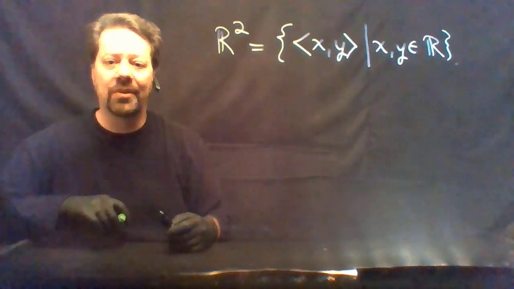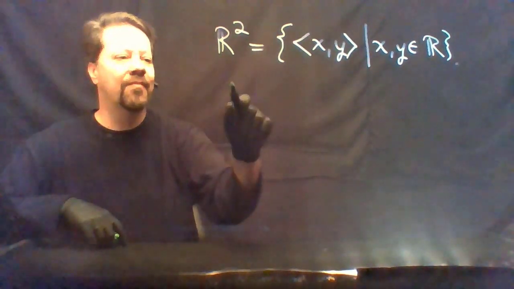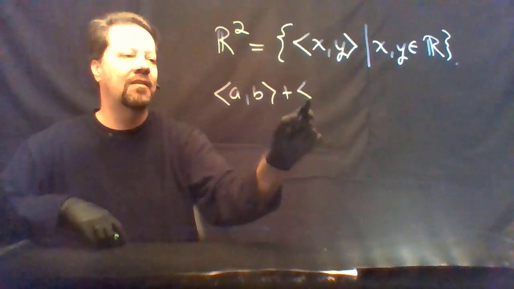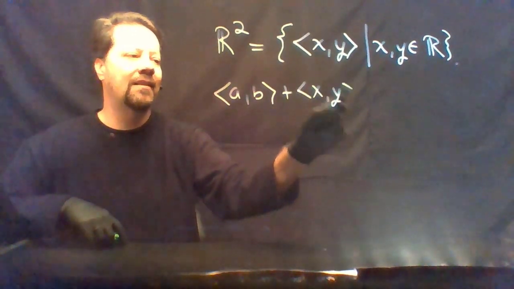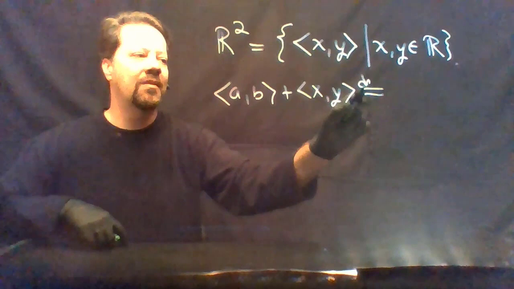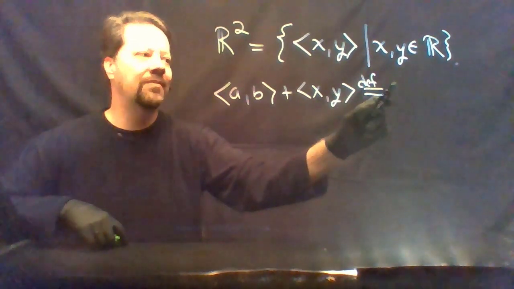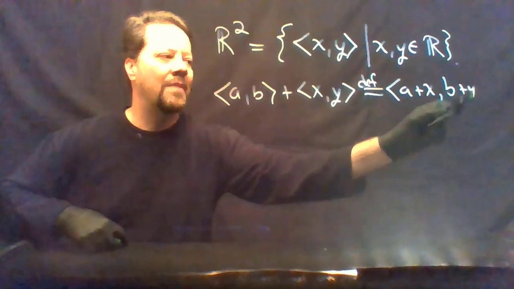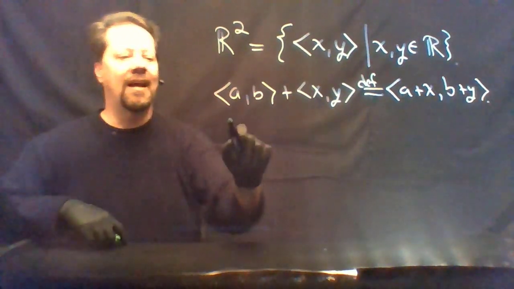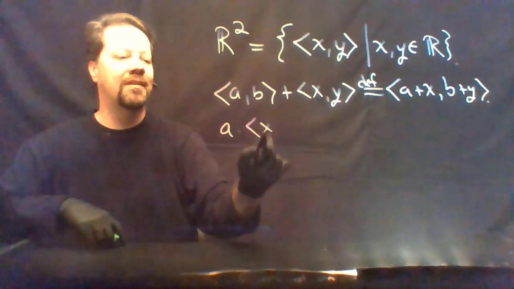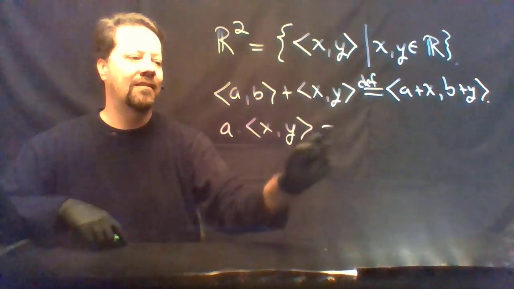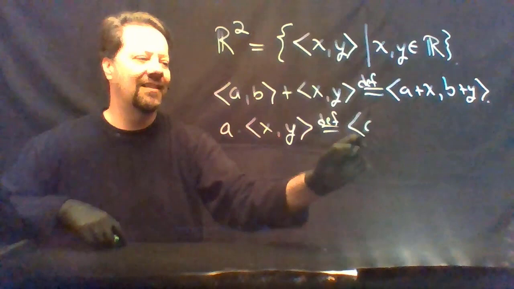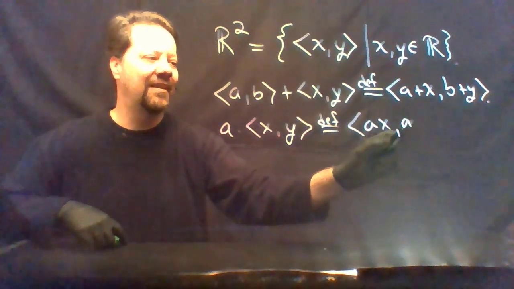I also need to describe the two operations. <a, b> plus <x, y> is, because I said so, <a plus x, b plus y>, and a times <x, y> is, because I said so, <ax, ay>.